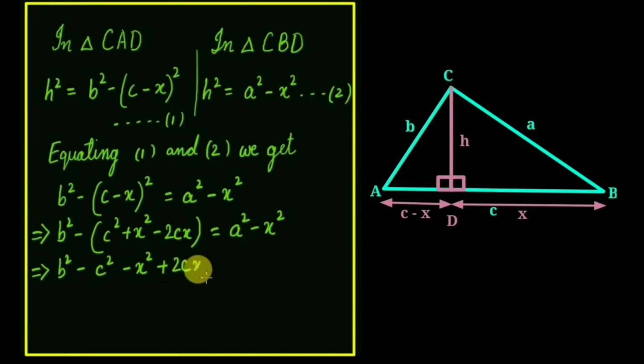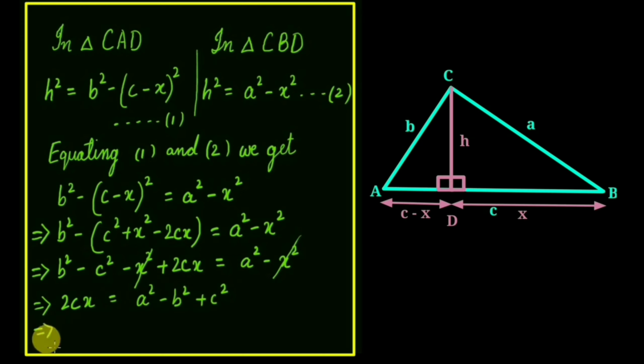So we have b square minus c square minus x square plus 2cx is equal to a square minus x square, and we will eliminate the identical terms on either side. So finally we are left with 2cx is equal to a square minus b square plus c square. So finally we got the value of x as (a square minus b square plus c square) by 2c.